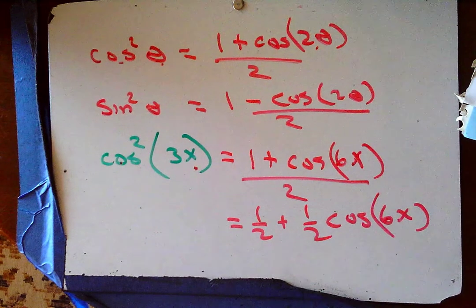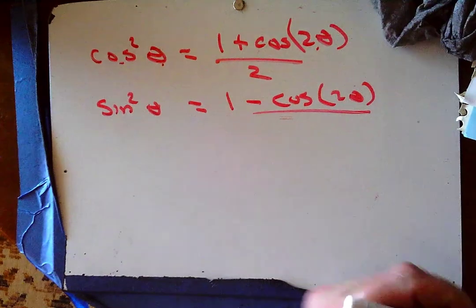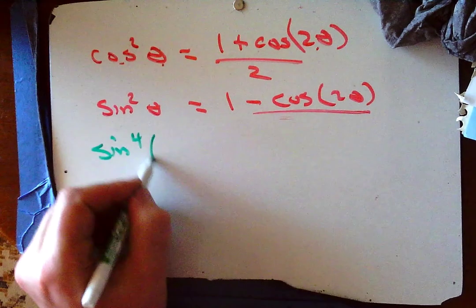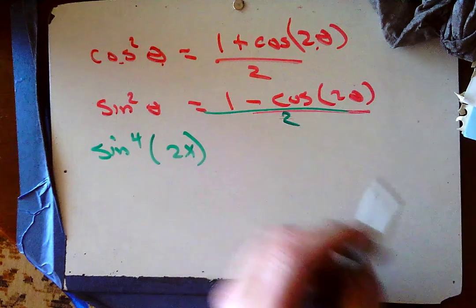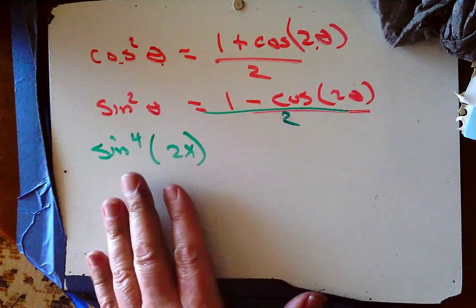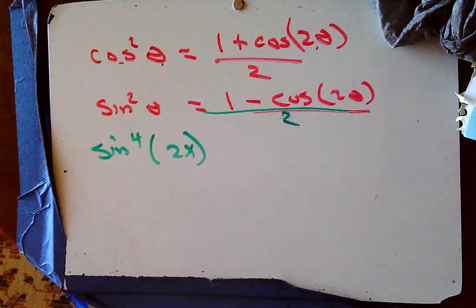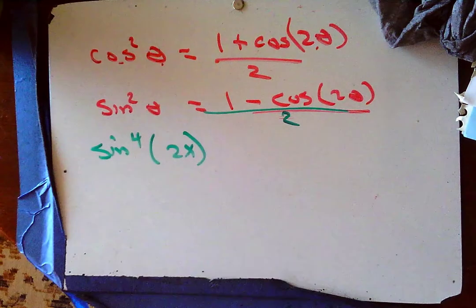All right? How about this one? Sine to the 4th 2x. Why don't you take a couple minutes to work through this one? And come back when you're ready to talk about it.